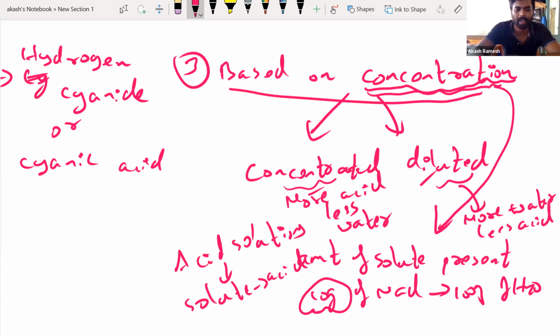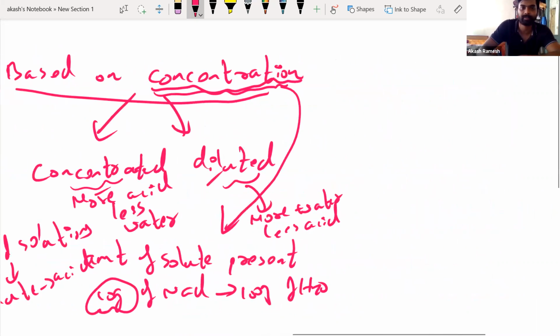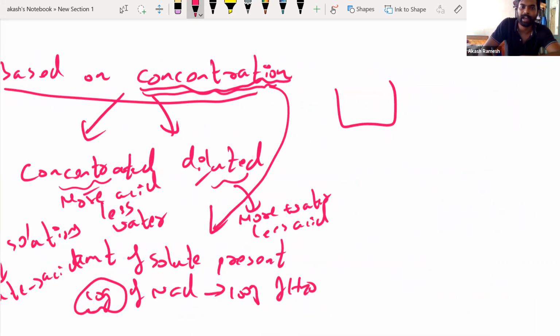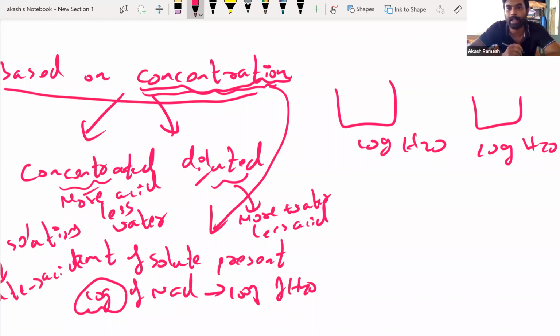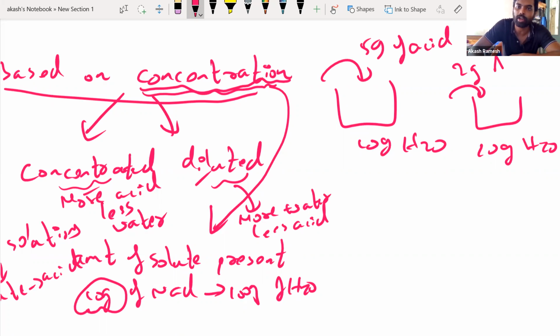Very simple. Say I give you a case. Assume that I have 10 grams of water in two solutions. To this, you add 5 grams of acid, and to this, you add only 2 grams of acid.